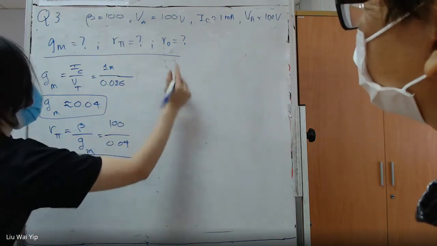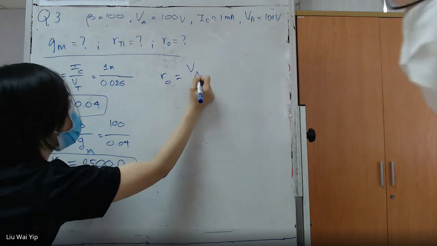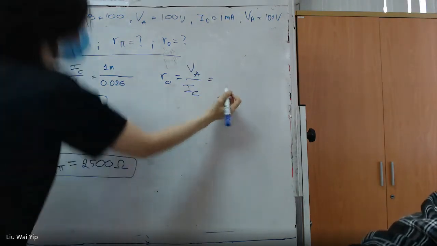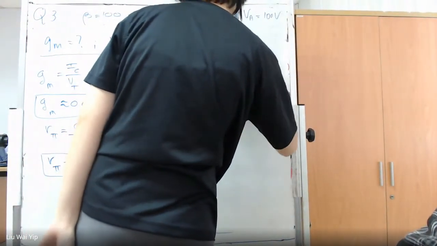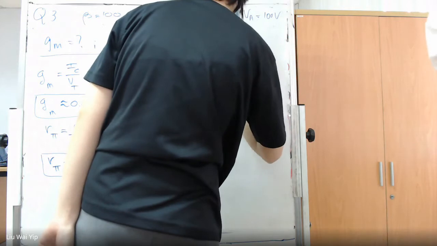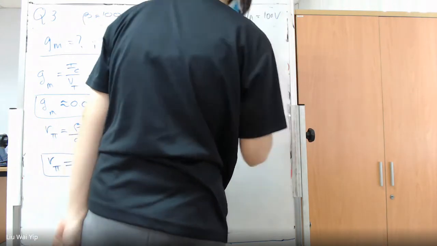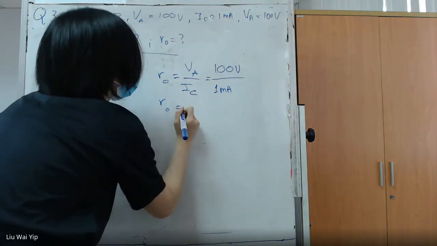VA is 100. I need to move a little bit further. 100K.